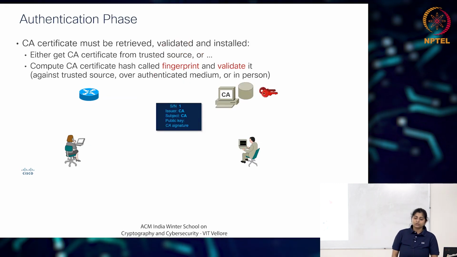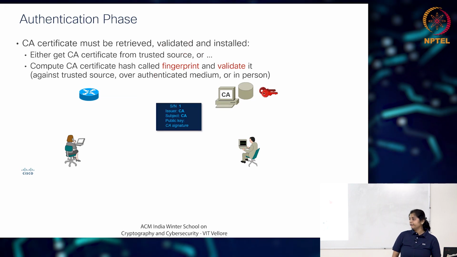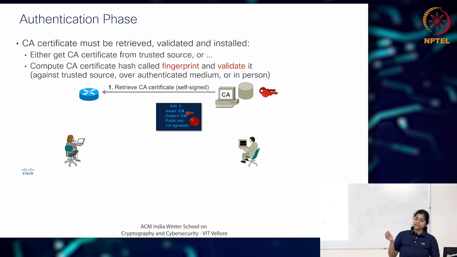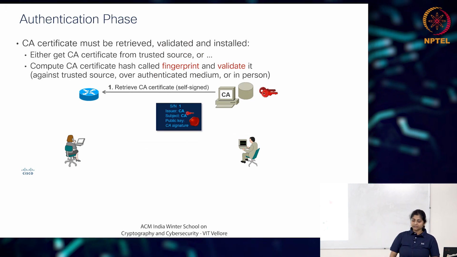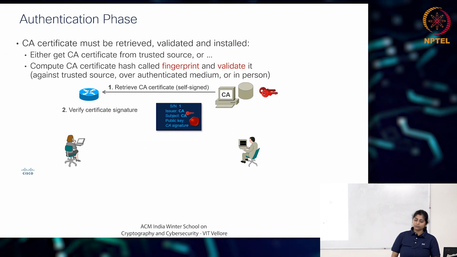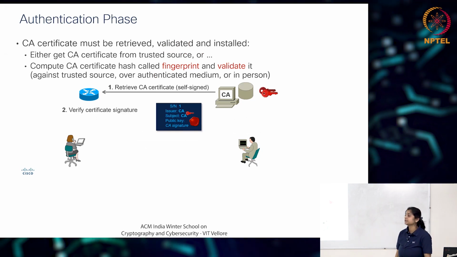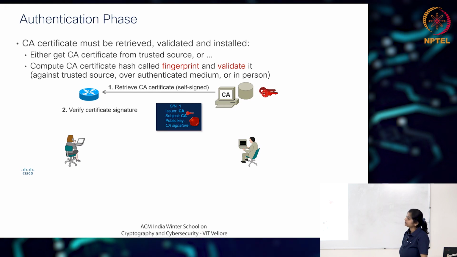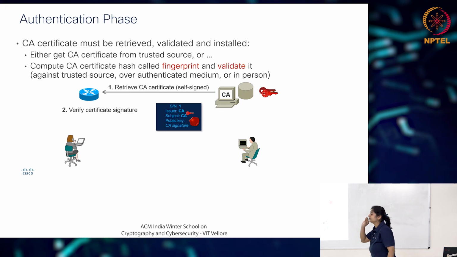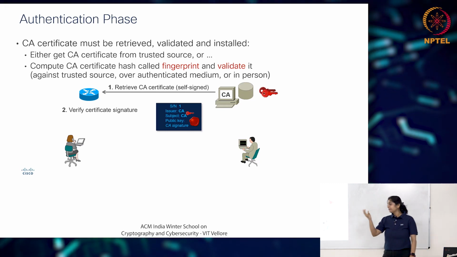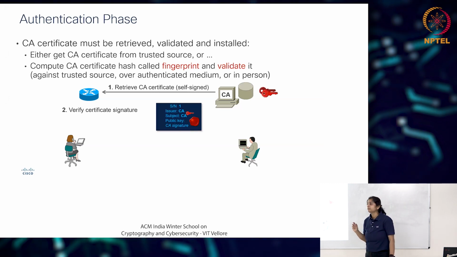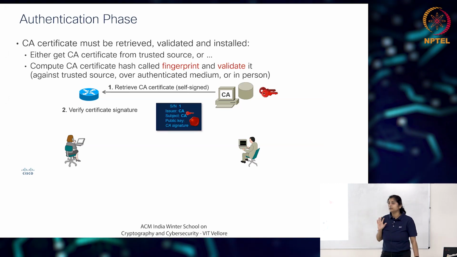Second is the authentication phase. So you want to get the CA certificate, right? So what happens? The CA, whoever is issuing the certificate to the router, they have that signed certificate, they give it to the router, and then they verify the certificate signature, saying that, okay, the issuer is legit, I see the value, whatever normal identity checks happen. For example, checking the signature, checking the validity, checking the name, checking the public key.